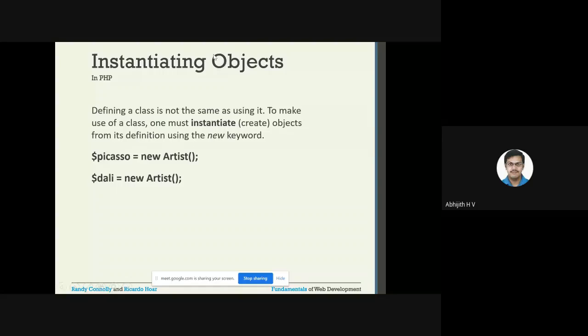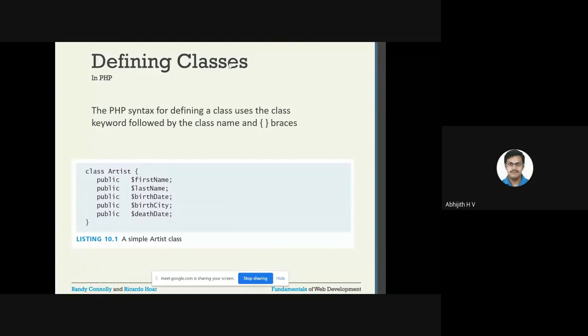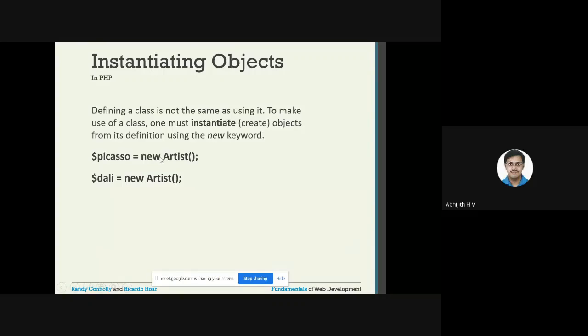Next, how to create the object. Similar to other languages, here also we can create the object by using a keyword called new. The syntax is like this. The object name, an object is also a variable, right? So in PHP, every variable starts with the dollar symbol followed by the object name.